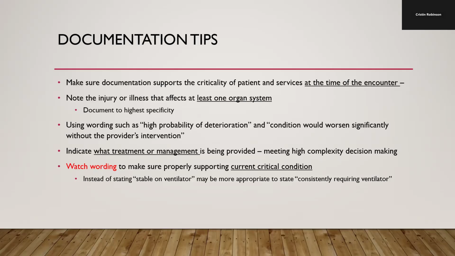So, for example, I don't want to see respiratory failure unspecified. If a patient is in critical care, they need to make sure that they are actually critical. So, across the board, across all specialties and documentation, we always want to have the providers not only document at the high specificity, but we want to capture the high specificity diagnosis code.